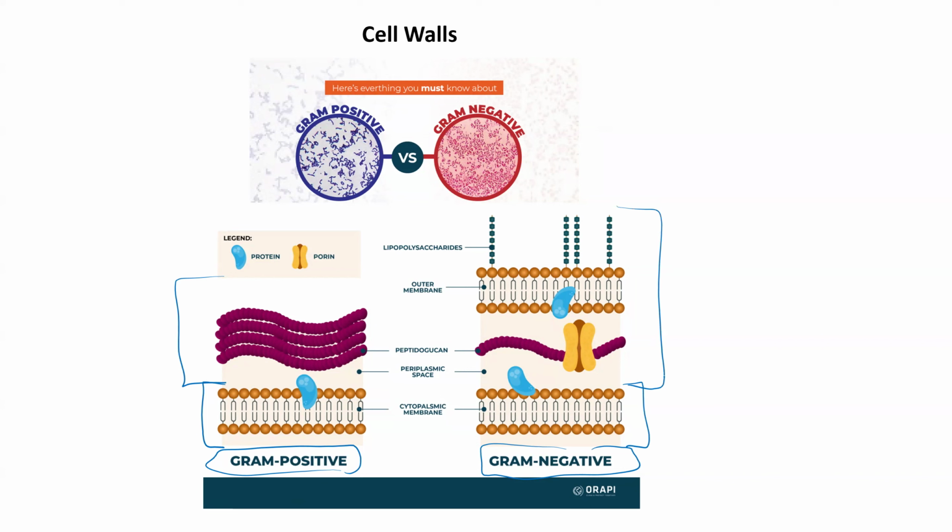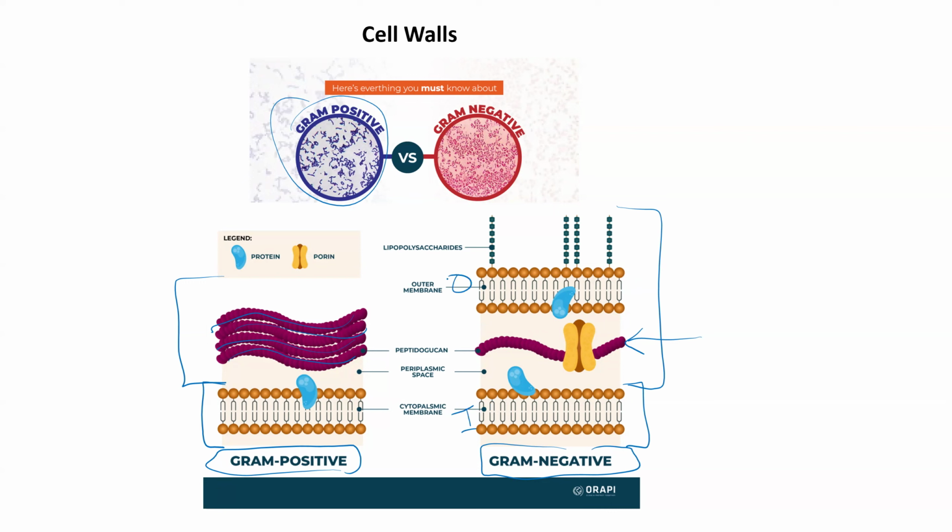And what we see is that for the gram-positive, you have this very thick layer of peptidoglycan. And when you put that into crystal violet, it turns purple. So you can tell that you have gram-positive by that. For the gram-negative, you get a very thin peptidoglycan layer, but it's in between two membranes. So I've got an inner plasma membrane and an outer membrane.